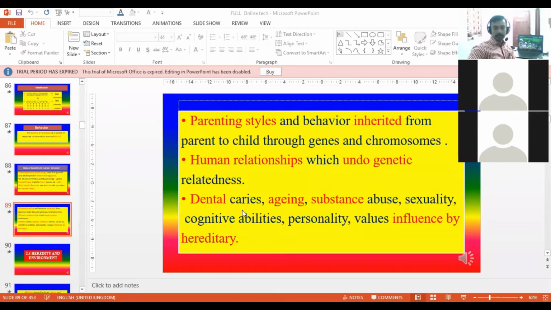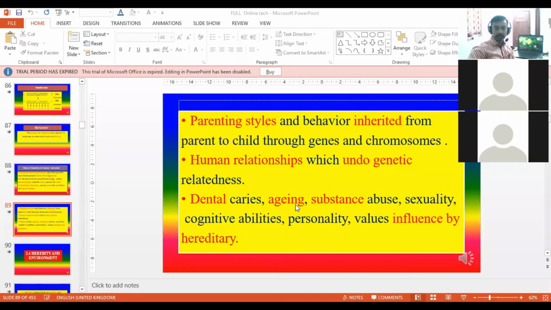Then some diseases, physical illness, including dental, carrying an aging factor. Some children grow quickly, but some others look small and grow late in their teenage years. So that is a genetic factor.